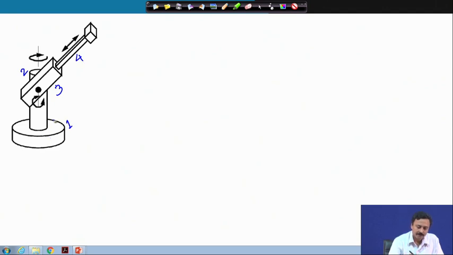You have the ground as 1, and between 1 and 2 you have this rotation, between 2 and 3 you have this rotation, and between 3 and 4 there is this prismatic actuator. So, therefore, the number of links is 4, number of kinematic pairs is 1 revolute here, second revolute, third is prismatic.